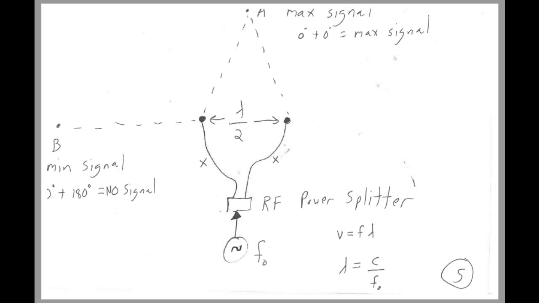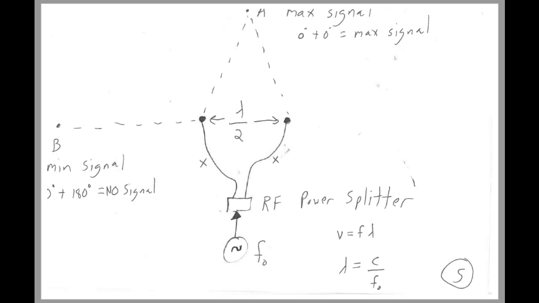Now we're at position B. This position, you would see a very weak signal, if not no signal. And why is that? Because those two signals are now 180 degrees apart. And like I said, when two signals are 180 degrees apart, they cancel and you get no signal.